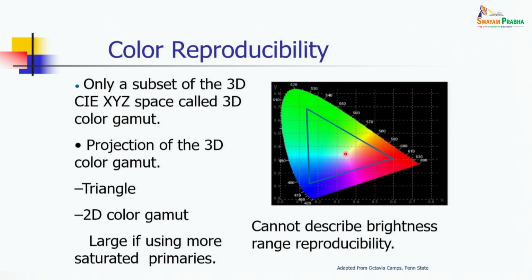And from that point, if I move radially, then we are following a certain color line, and its true color corresponds to the peripheral point denoted by a certain wavelength in nanometers.